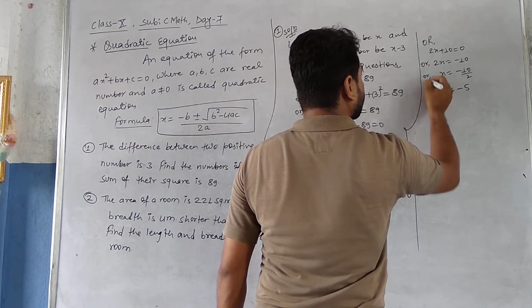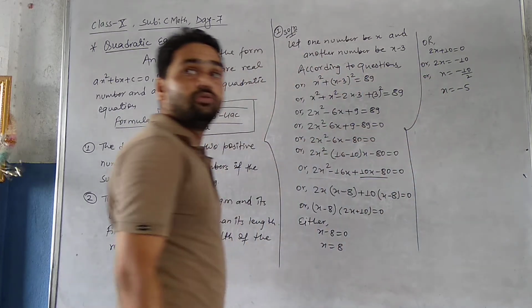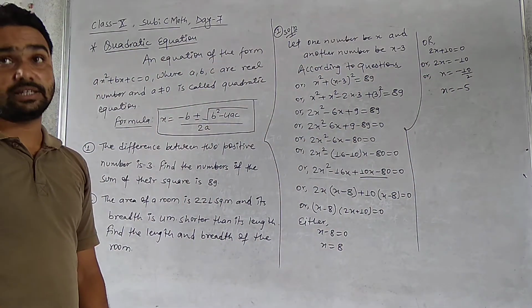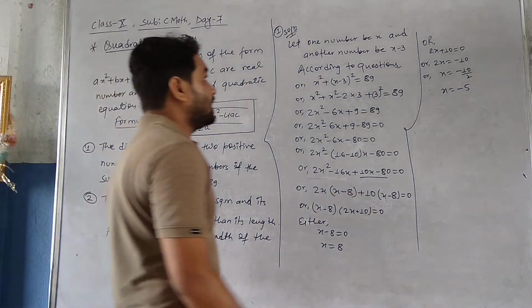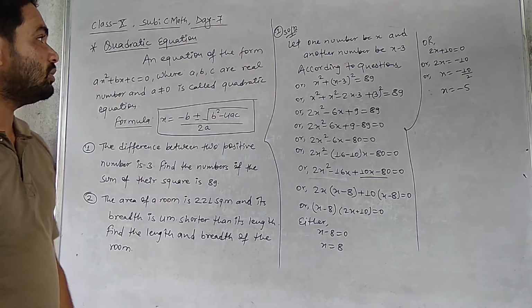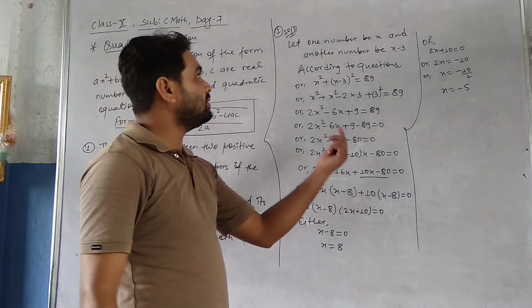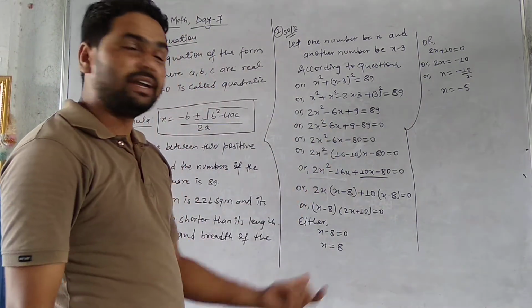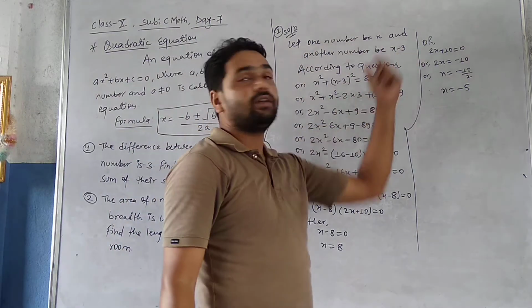And we know that a number cannot be negative, yes or no? But if it is a whole number, it can be negative, we can write that. If minus 5 is there, then we can write minus 8.